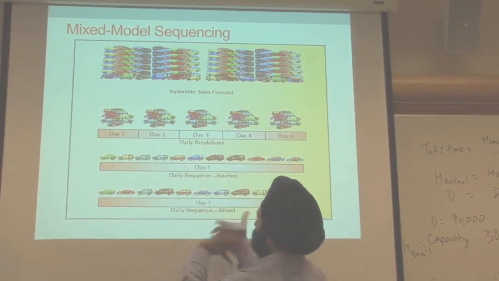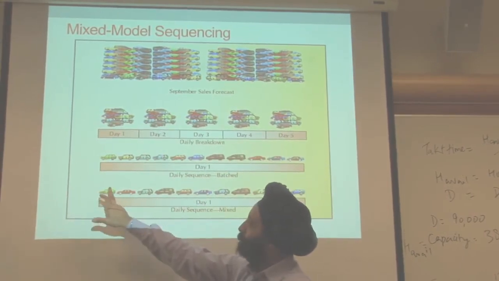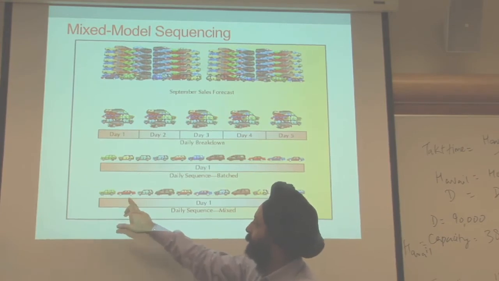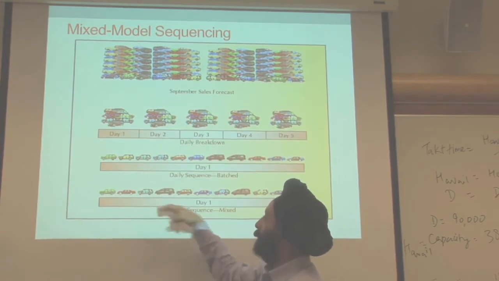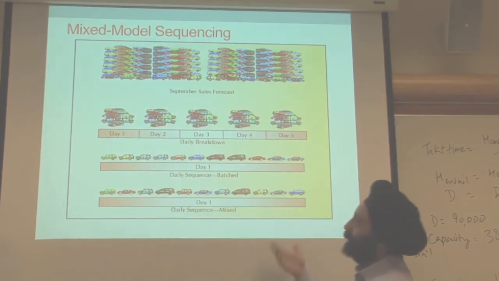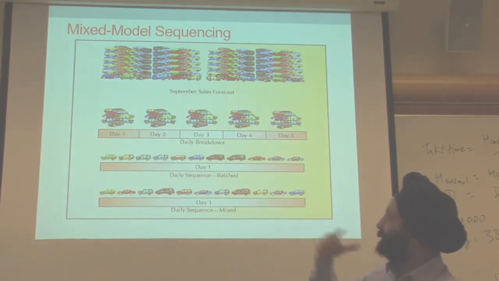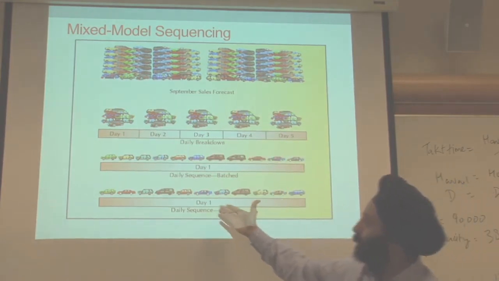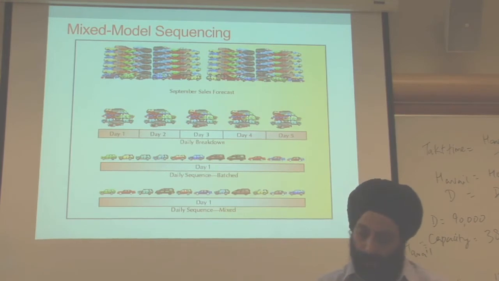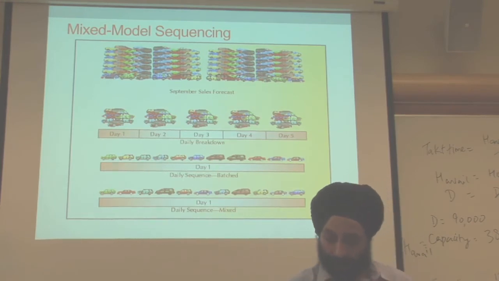But with mixed sequencing, sometimes you're putting a different SUV, after that a sedan, after that another SUV, then a van, depending on how often things are needed. That allows for much better use, only producing just what is needed.